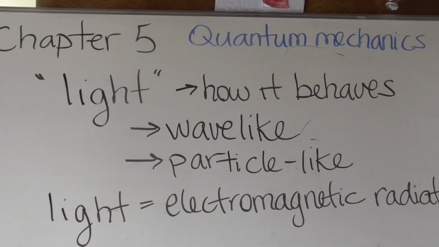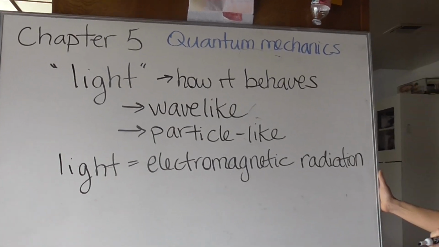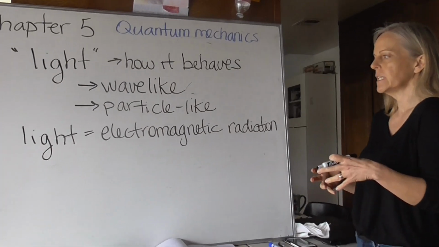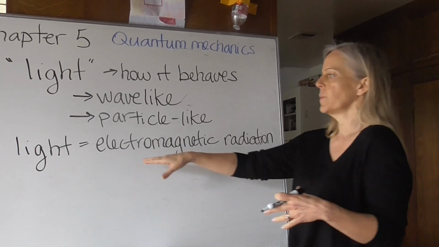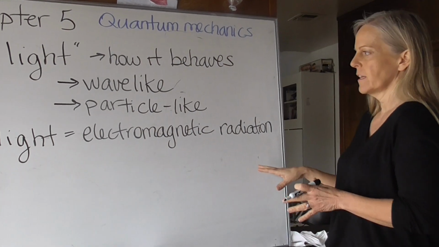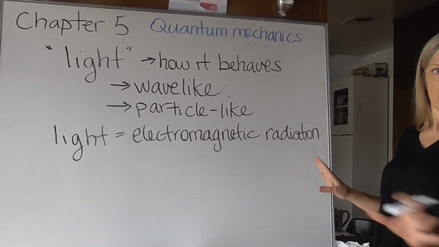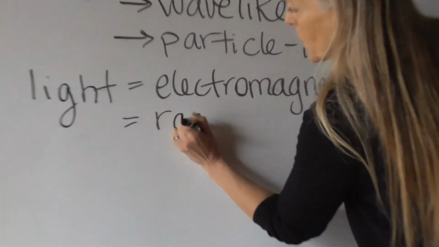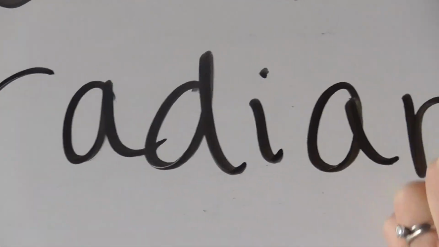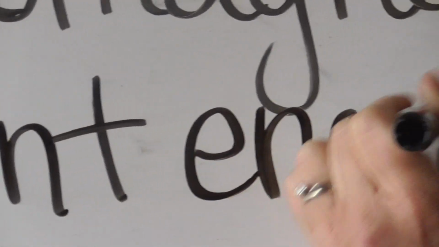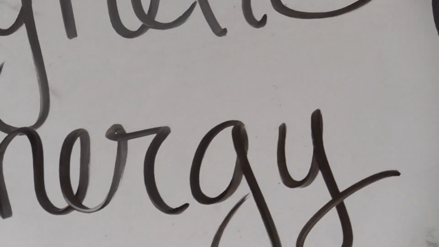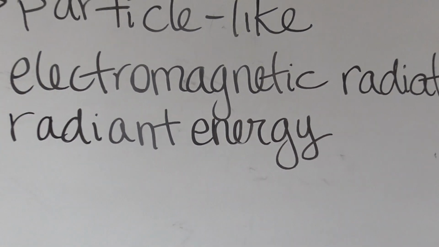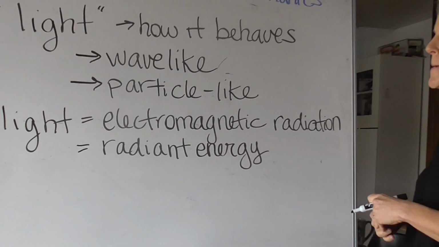And in physics, if you think about certain electrical fields, there's like an electrical element and a magnetic element, which is why we say electromagnetic radiation. But for right now, we'll just use that term. Sometimes it's called radiant energy. So there's different ways of talking about the light.